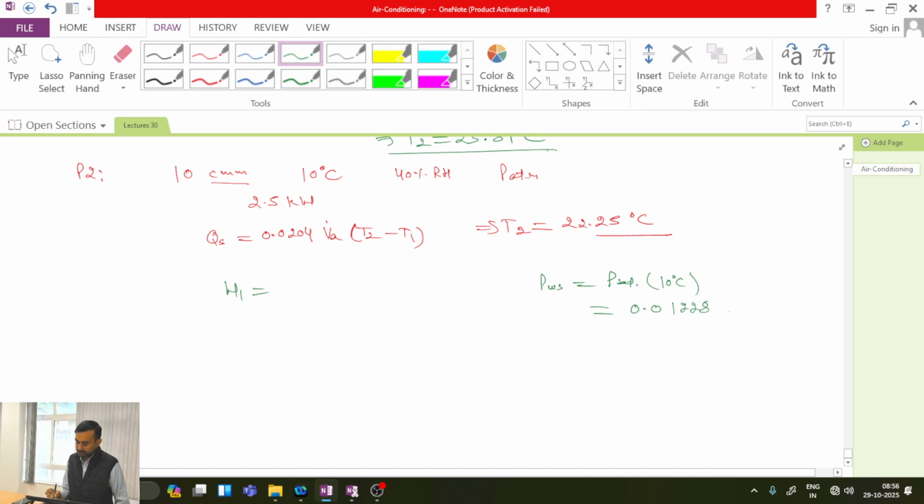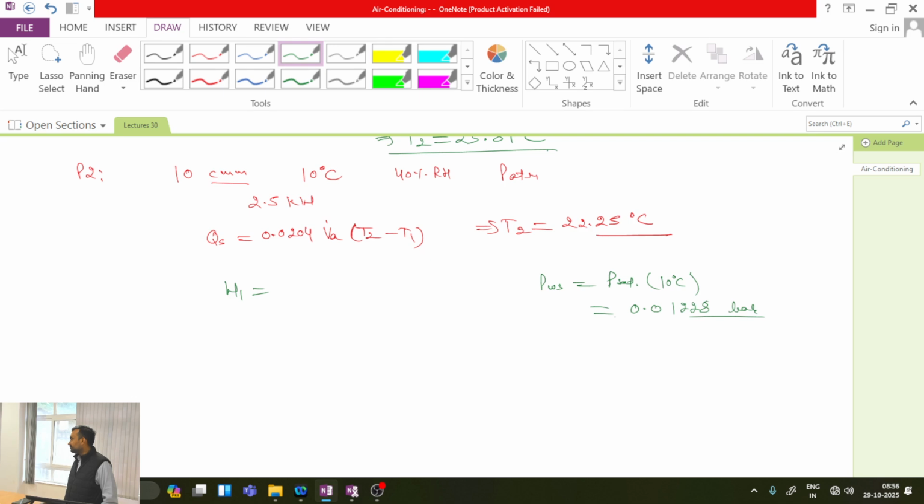0.01228 bar. This is saturation pressure. Now you tell me how much is humidity. Please tell me.